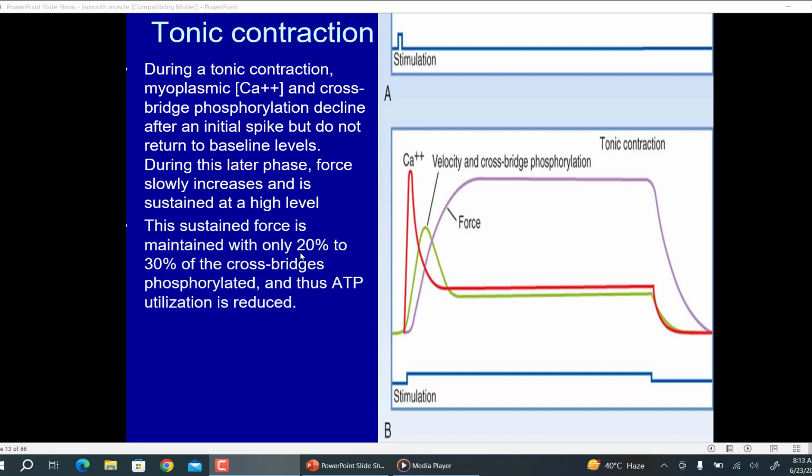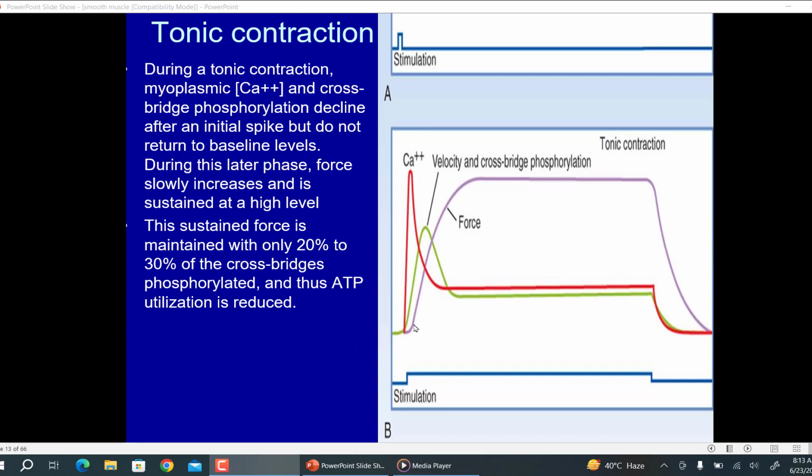The sustained force is maintained with only 20 to 30% of the cross bridges phosphorylation and less utilization of the ATP. So for this contraction for longer duration, only less phosphorylation and ATP is required.